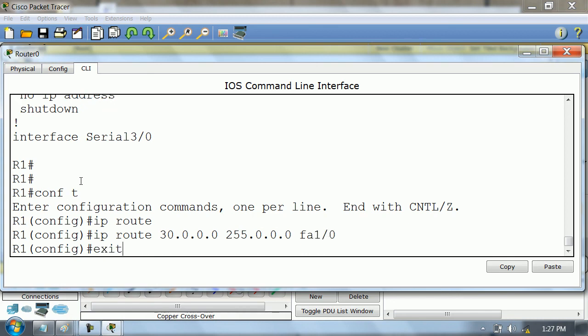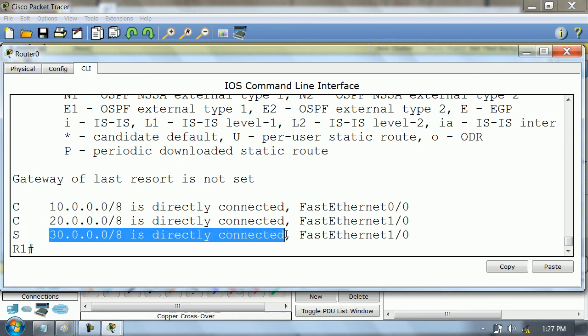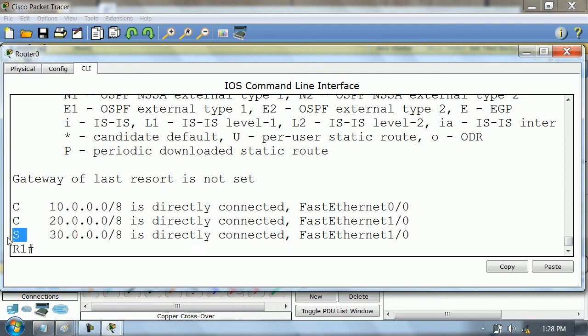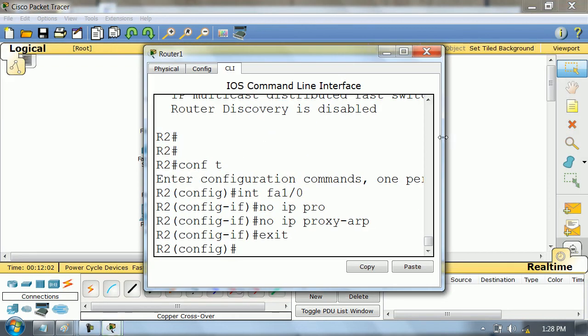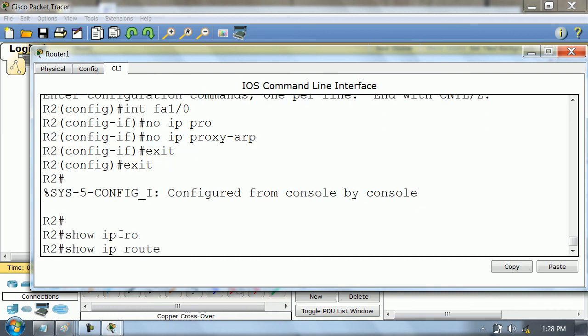Show IP route. One thing, it is a static route, and for static route AD is 1. Some people think that since it's written like this, 30's network is directly connected. It means AD is 0, but no, AD will be 1. Agree? Show IP. Do I have a route? No. IP space.